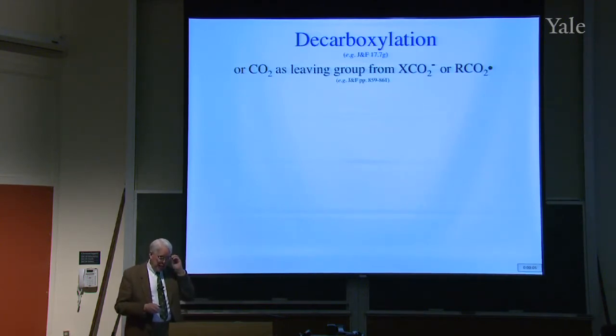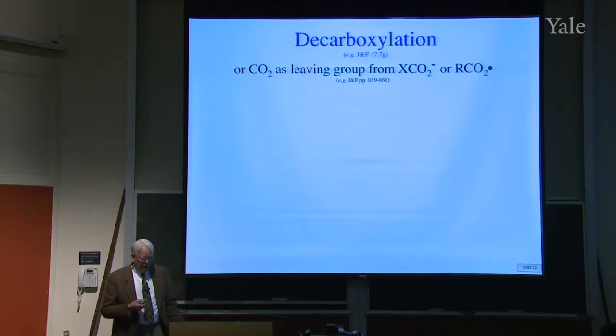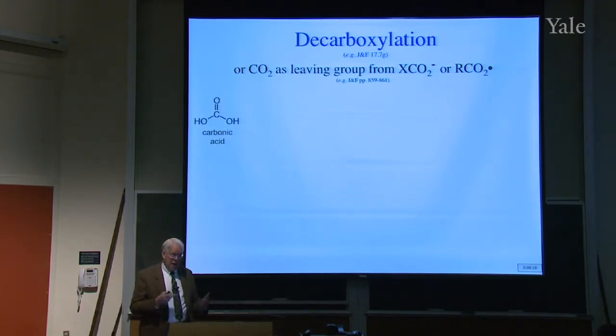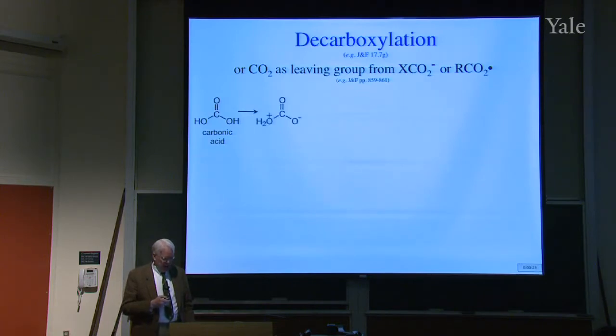The CO2 can be a leaving group also from XCO2 minus, where X is something that can tolerate a negative charge, or from the RCO2 radical. So for example, carbonic acid, the hydrate of CO2, is an acid, but it's also a base, so if you get this form, then you can see how it can undergo decarboxylation.